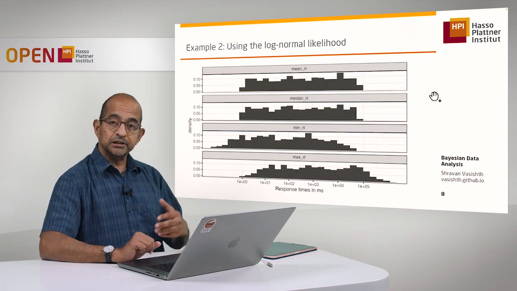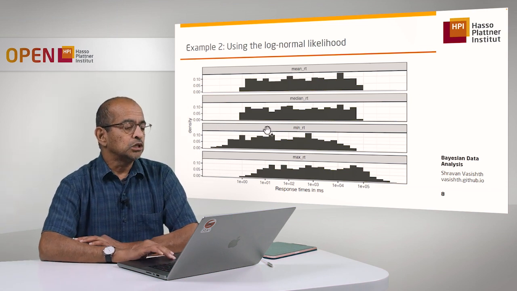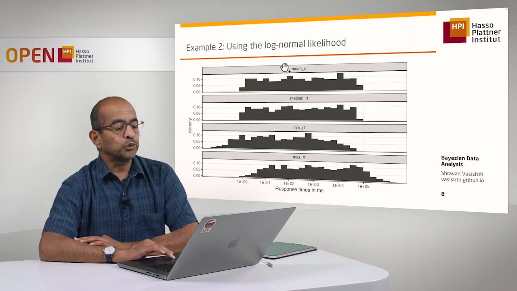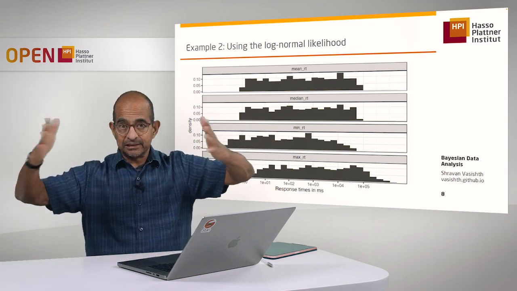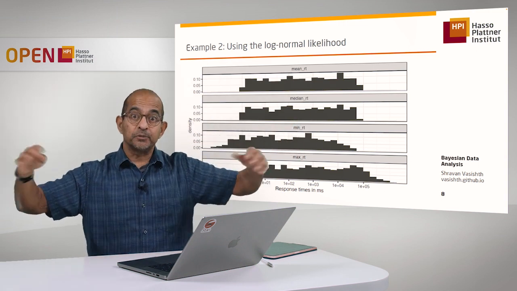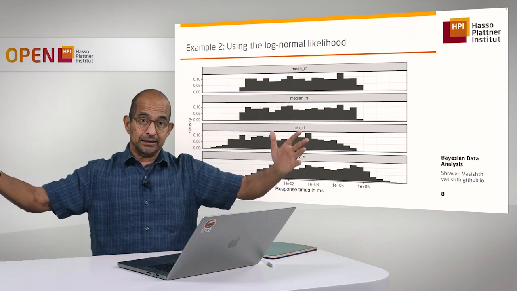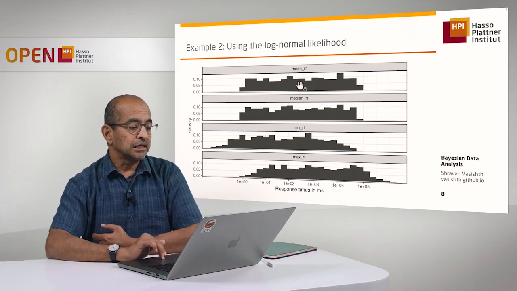So let's look at the properties of this prior predictive data under this prior specification. What I've done here is show you some statistics of the prior predictive distributions. I've generated multiple data sets, and I'm going to look at the distribution of the mean reading times of those simulated data sets. The distribution of the mean reading times is pretty broad.